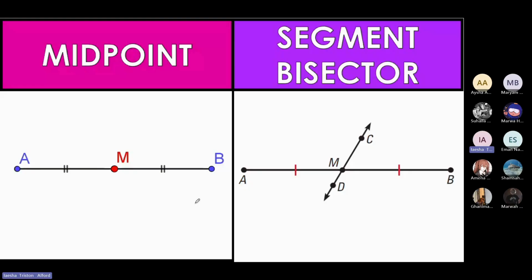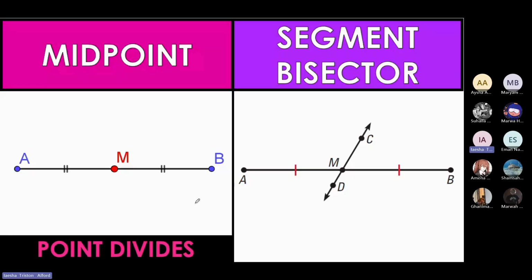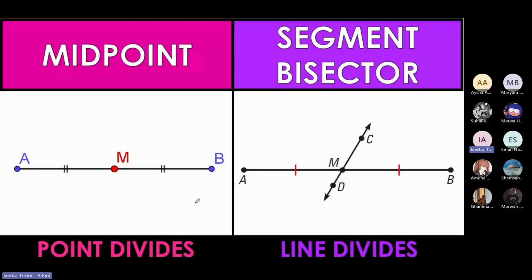The midpoint is doing the cut for the first segment, and the second segment, you have the line that is doing the cutting. So if I take scissors and cut here, the left is congruent to the right. If I take scissors and cut this line, the left is congruent to the right.